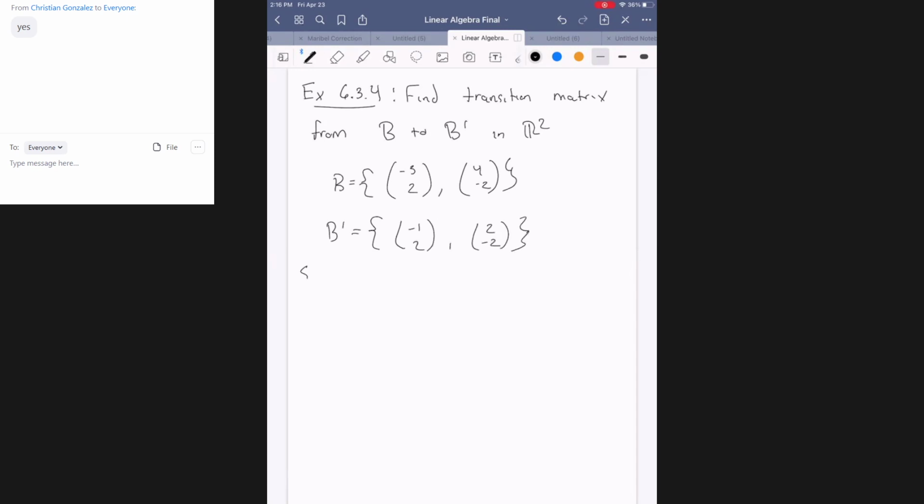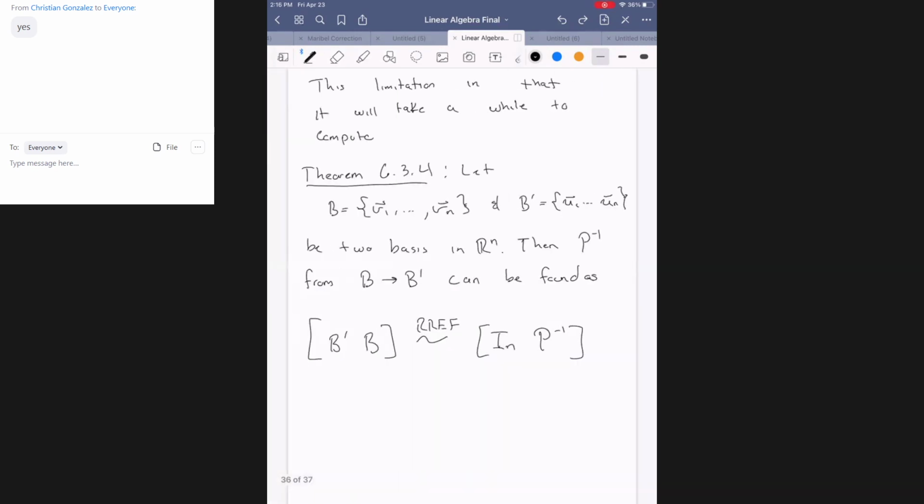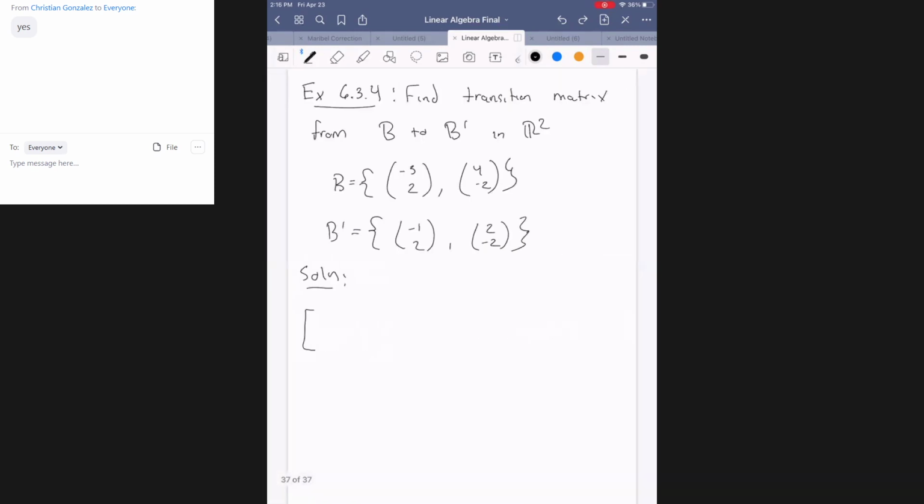All right, so solution, you just use the last theorem I stated. So you're going to put this in augmented form, so -3, 4, sorry. You have to put the B prime on first.